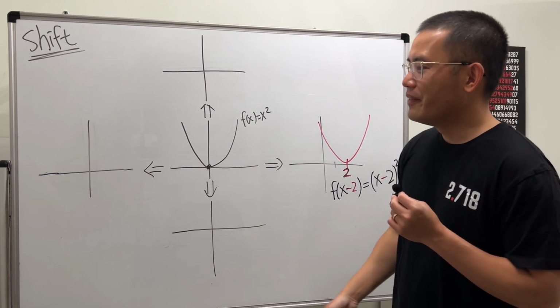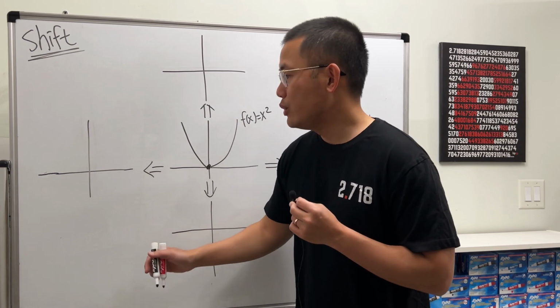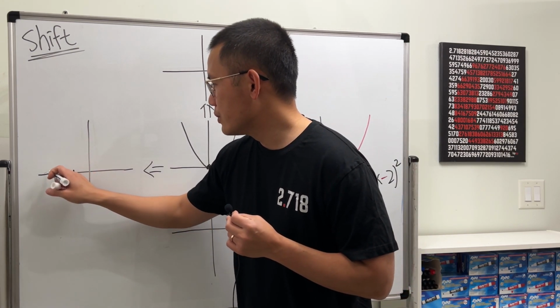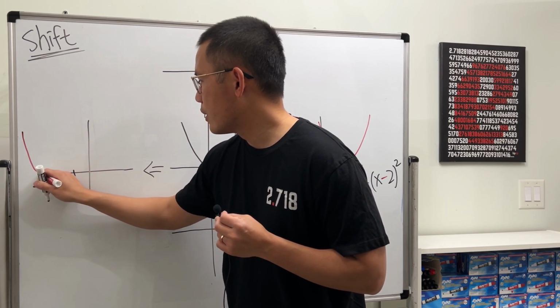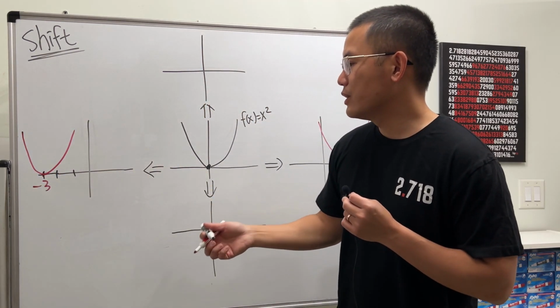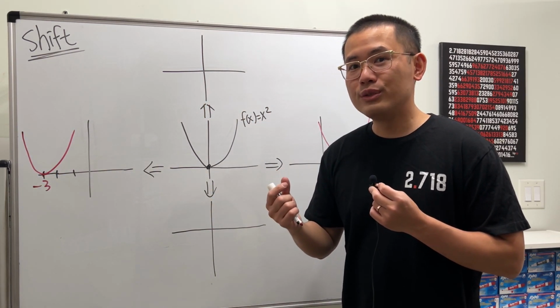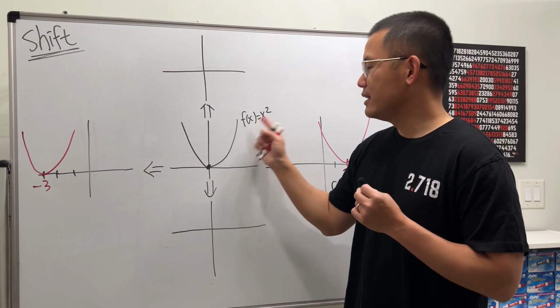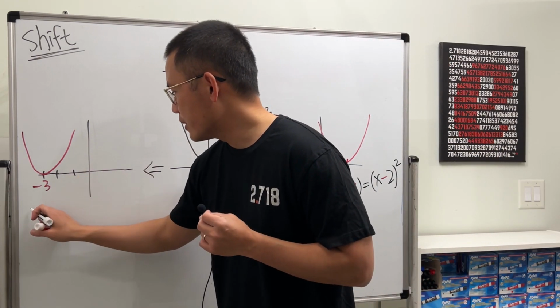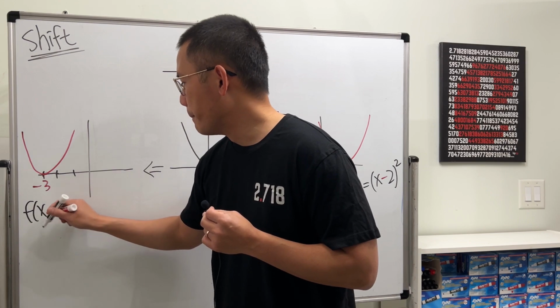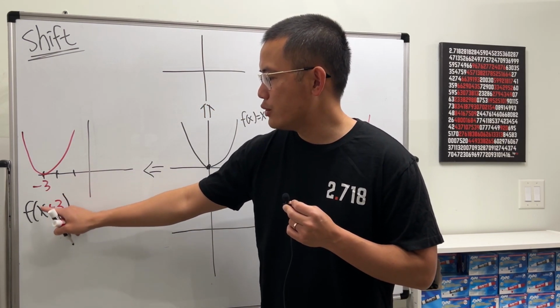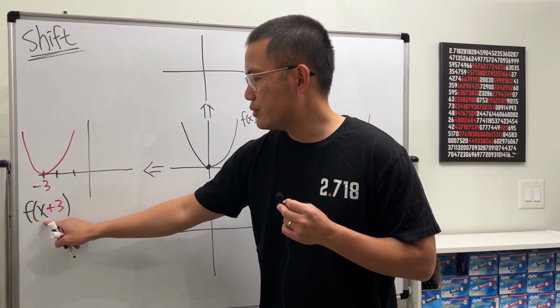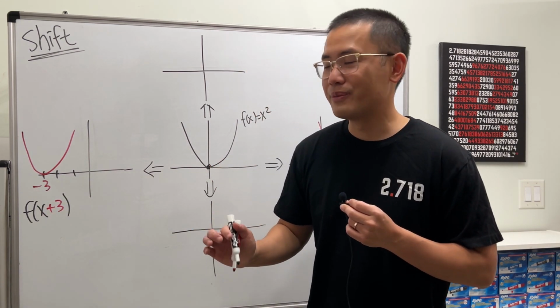Now on the other hand, if you want to go to the left, let's say 3 units, so let's say 1, 2, 3, we want to end up with negative 3 here. Well, in that case, what do we have to do? We actually have to add 3 directly to the x. So the equation here is f of x plus 3. Because the moment you put the negative 3 into this x, negative 3 plus 3 will give you 0.